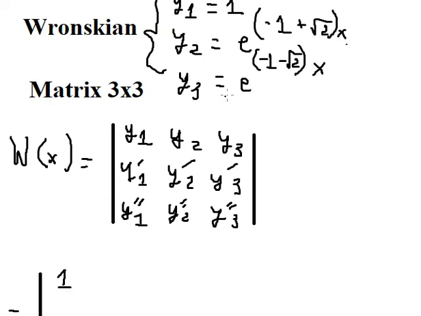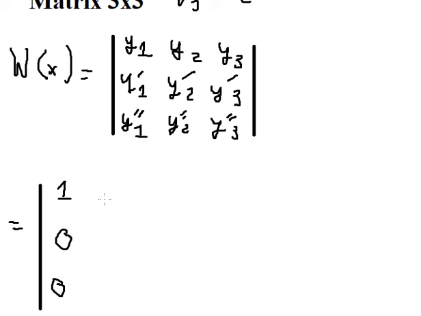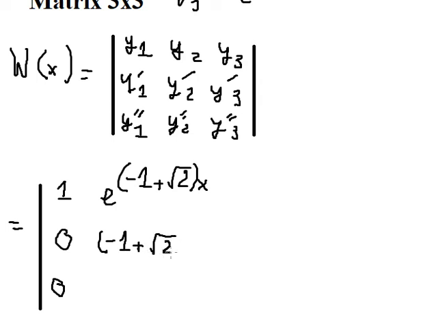Y2, that is this one. If we do the first derivative of this one, we have negative 1 plus the square root of 2 times e to the power of negative 1 plus the square root of 2 x.